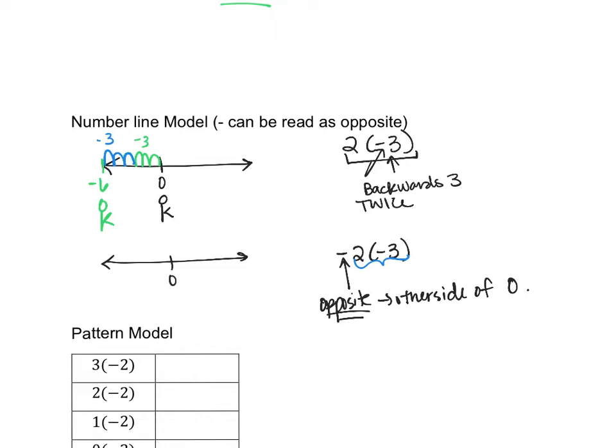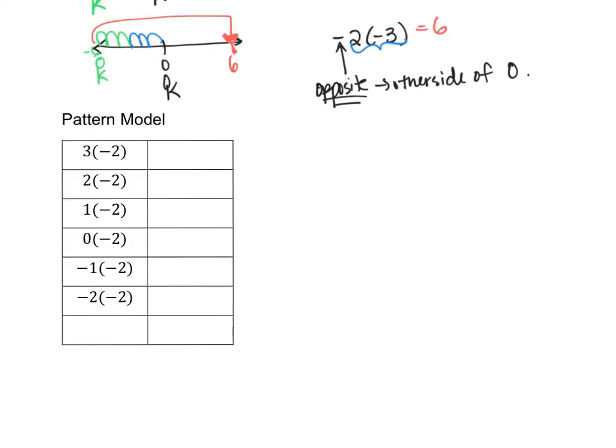We're at 0, and we're going to do 2 sets of -3, so we go 1, 2, 3, just like we did a second ago, and then 1, 2, 3. We're still facing backwards. We're at -6, but now it's saying, let's take the opposite of that. That would put us on the other side here at +6. So this is going to be 6 now.